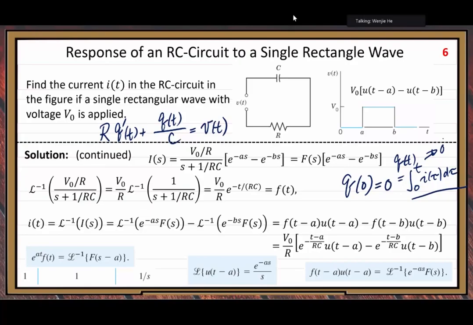Then with the inverse Laplace transform, you can find the little q function. But if our goal is to calculate the little i function, you just take a derivative of the Q function, and you get the i function. That's another way. Since both ways should work, you should get the same result.